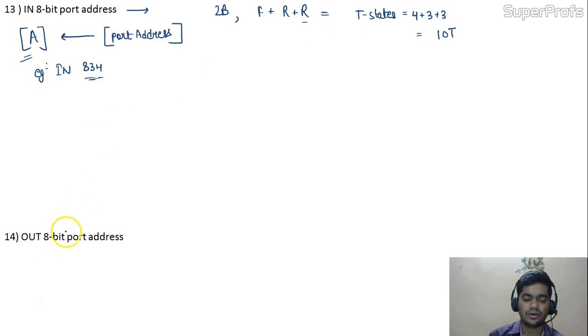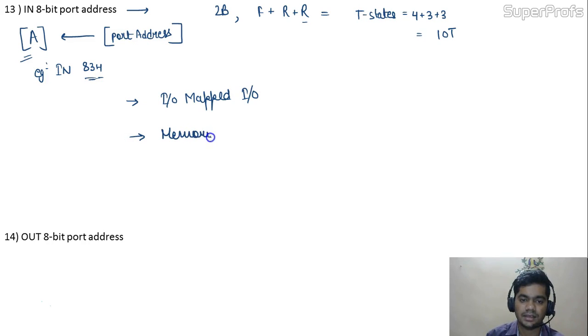Okay, there can be 2 types of mapping. For input in 8-bit port address, it can be IO mapped IO, or it can be memory mapped IO.